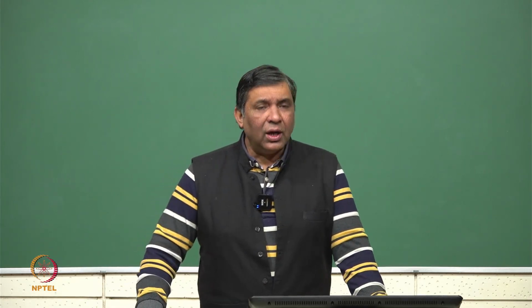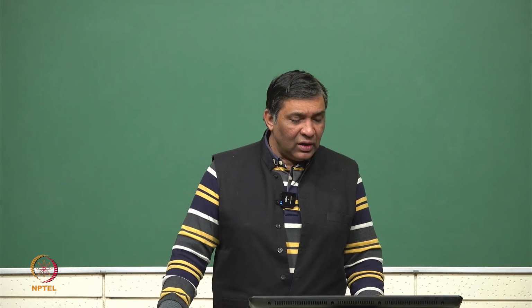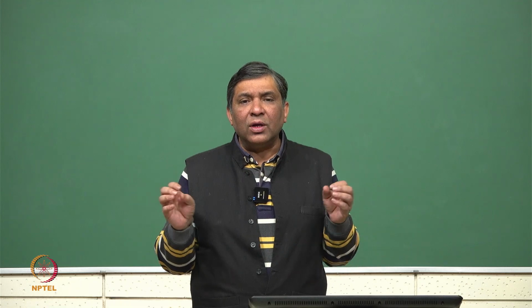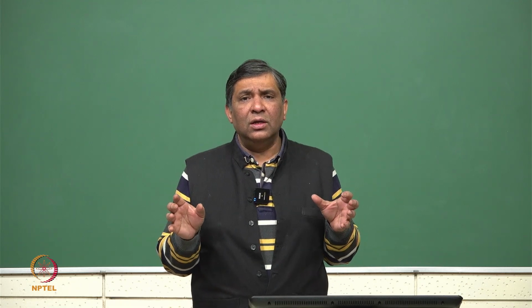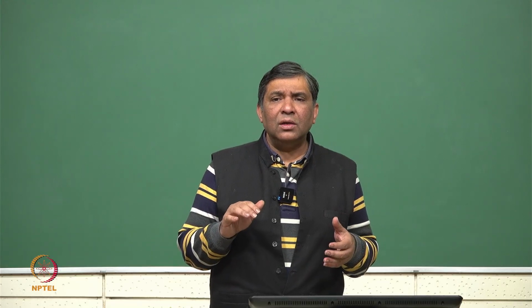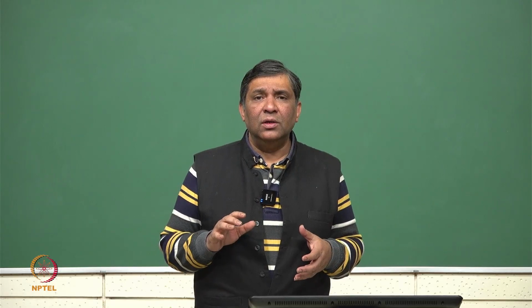So, now we come to a few questions related to quantum dot sensitized solar cells. What are the problems with dye sensitized solar cells which can be overcome by the quantum dot sensitized solar cell? Just now we mentioned that in a dye sensitized solar cell we have organic dye or natural dye, whatever we are using, but you remember that they are generally soft, organic material.